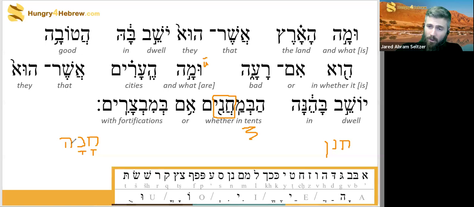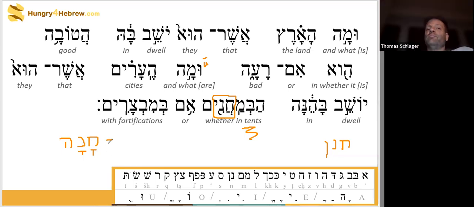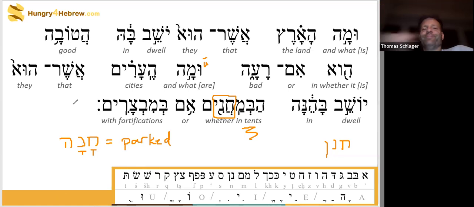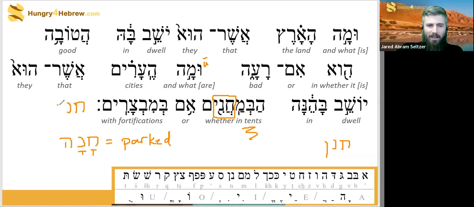Chet nun yod, which we know as hana, means he camped. And in modern Hebrew, it means he parked, like he parked the car. A place of parking would be the chanaya, a parking area. And a store is called a chanut. Wait, what does a store have to do with parking?